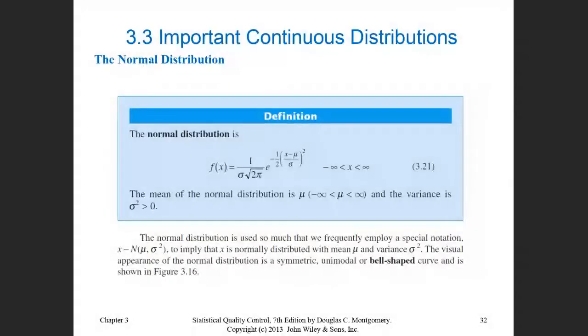Continuing with types of distributions, we stopped at the geometric, and we will continue from the normal distribution. Normal distribution is the most common distribution used. You can see its application widely in many different applications. Human height, human age.